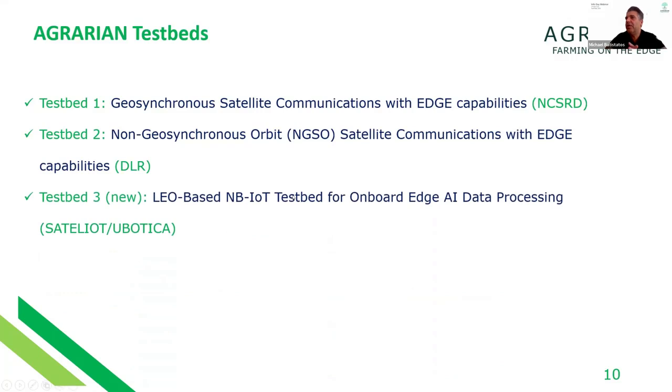And the third one is a LEO-based narrowband IoT testbed with onboard edge AI data processing. We will analyze them later on. Actually, the first two we will present today, and the third one in the next info day that we'll have on 16th of the month.